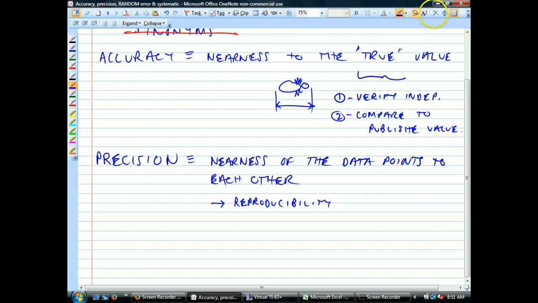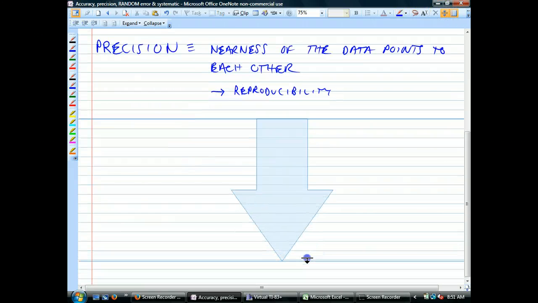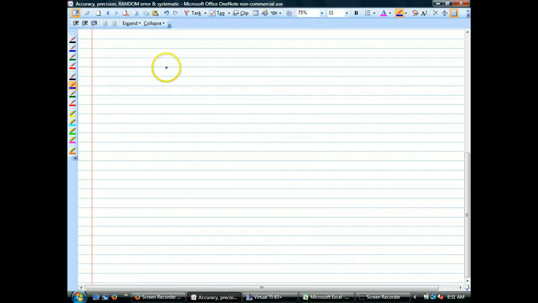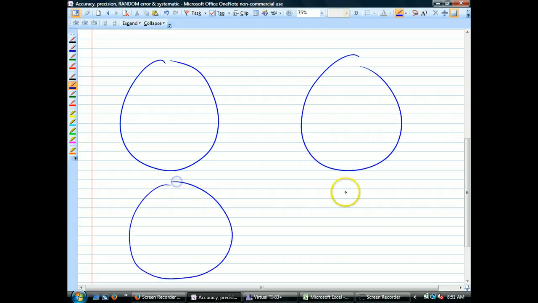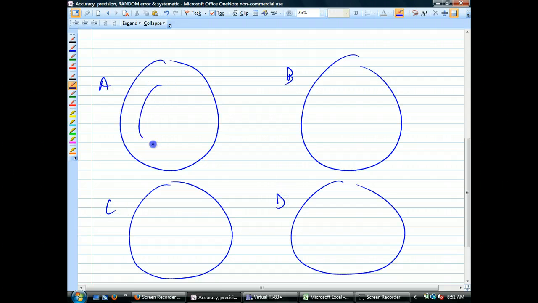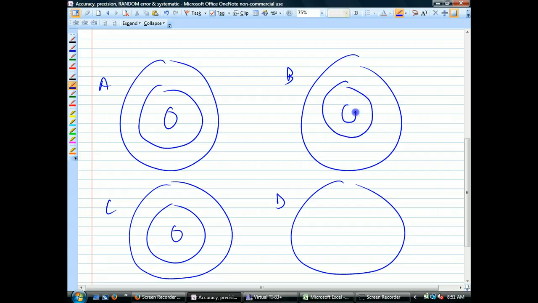Now I want to use a classic illustration of these concepts, and that is we'll look at four targets. We'll call these A, B, C, and D. Somebody's shooting at these targets, and here are the results. Actually, there are four different people, four competitors, and they're all shooting at the targets. The first one shoots 6 times and gets this.